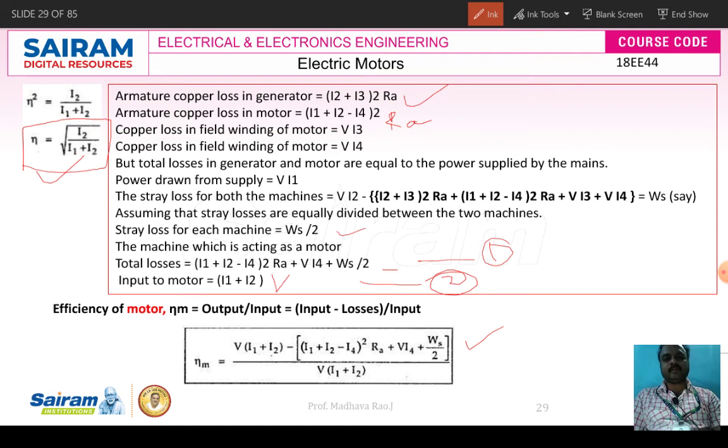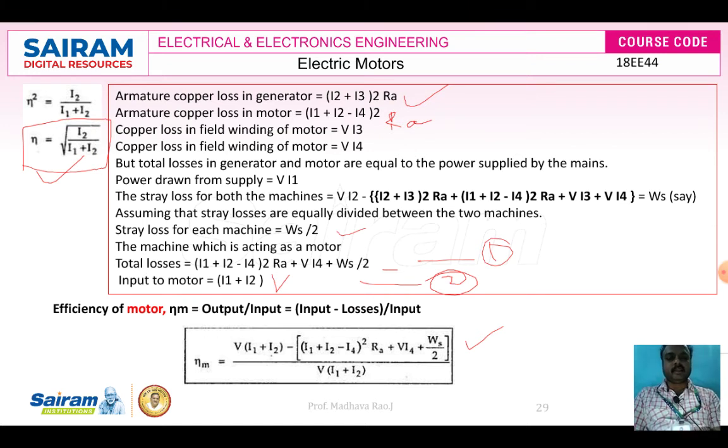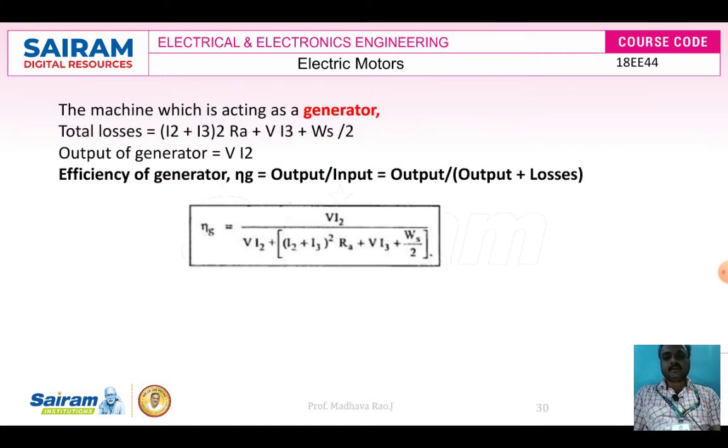Similarly, we will move to the generator efficiency. Total losses are (I2 plus I3) square into Ra plus V into I3 plus WS by 2. Output of generator is equal to V into I2.